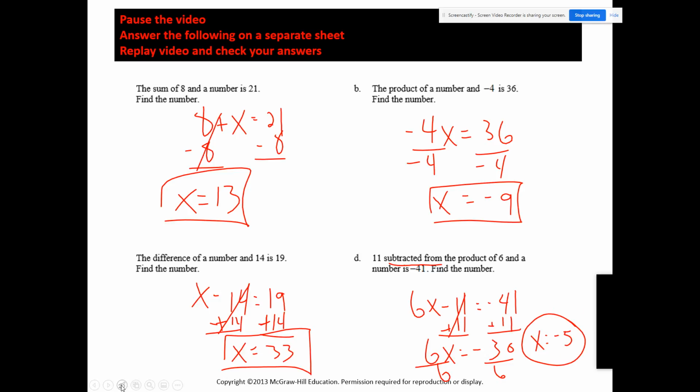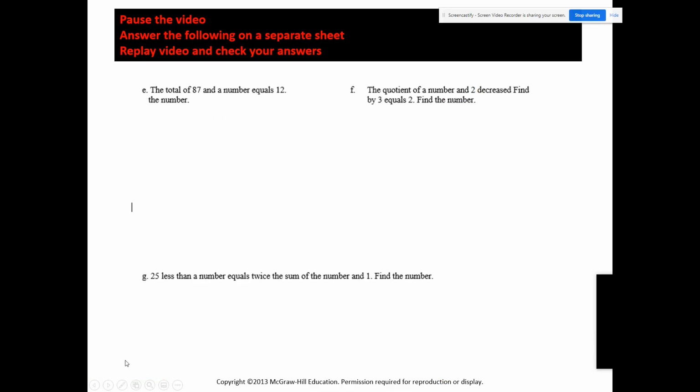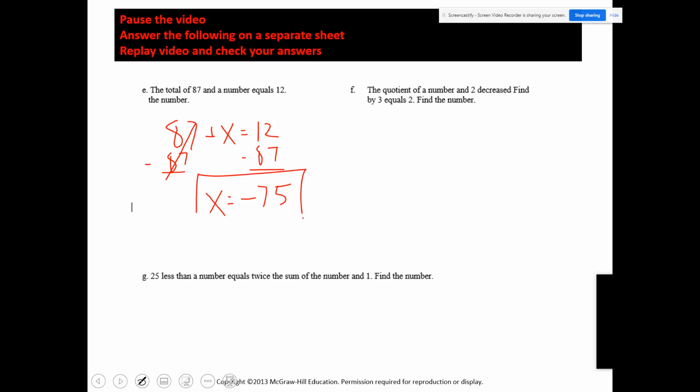All right, check your answers. There's a couple more. Quotient of a number and 2 decreased by 3 equals 2.